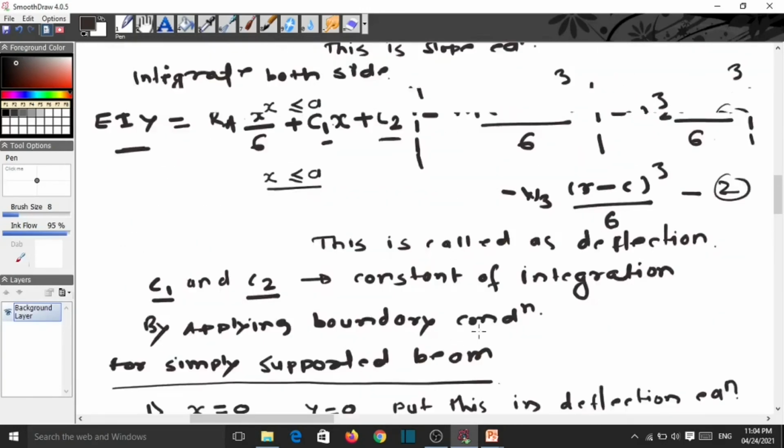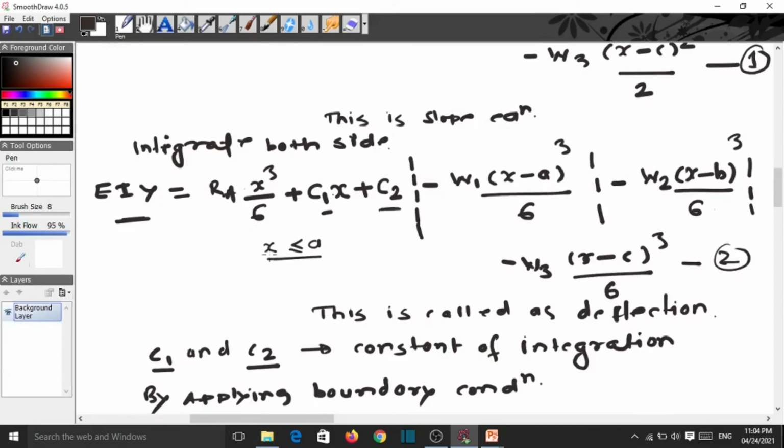When we put x equal to L, it means we have to use all sections 1, 2, 3 and 4, because x equal to L means the whole span. So we have to use the whole equation and find the value of C1.